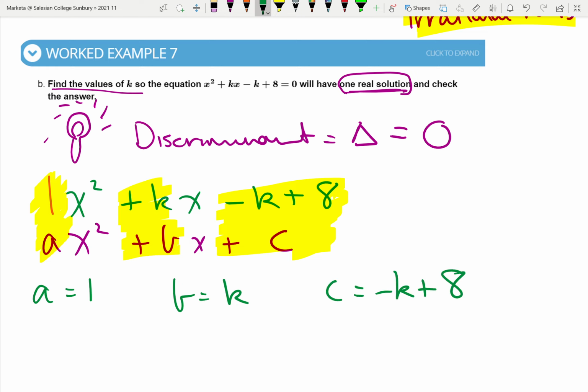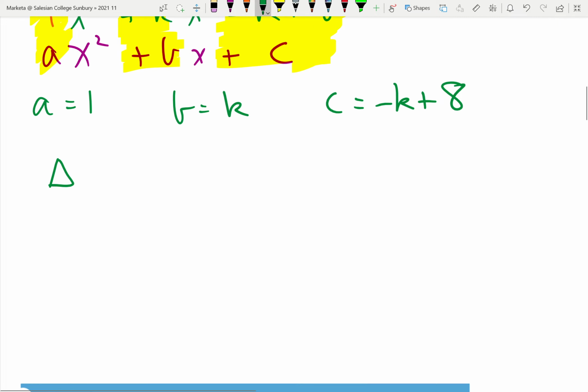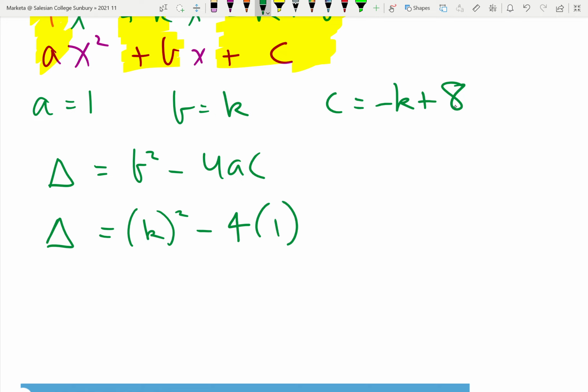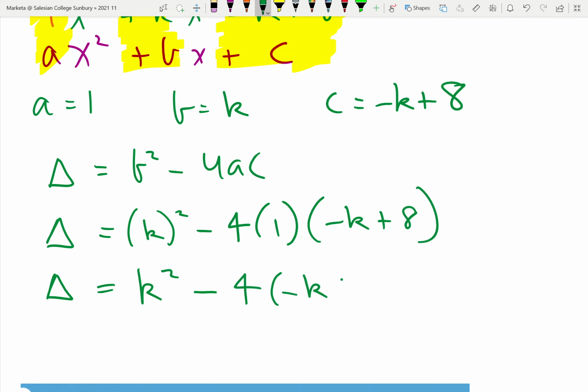And then, well, now we can just find the discriminant. So discriminant equals b squared minus 4ac, that thing that goes in the square root of the quadratic formula. So we've got b squared minus 4 times a times c. So let's put that out, k squared, and then, well, negative 4 times 1 is negative 4, neg k plus 8.